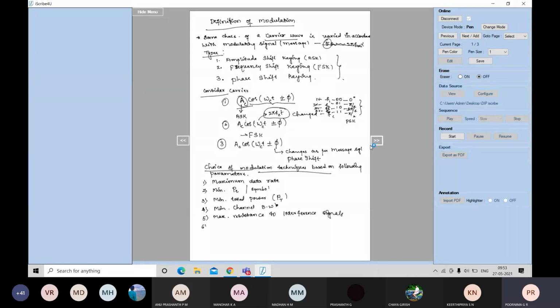And the next parameter that we have to choose is minimum circuit complexity. These are the important parameters we have to consider when we are choosing any modulation technique.